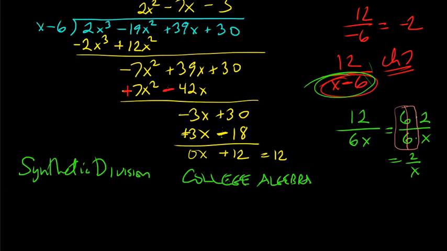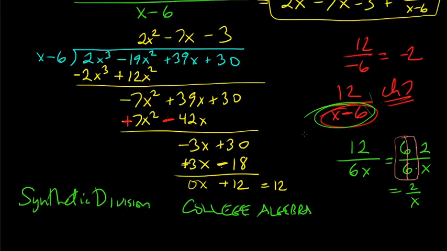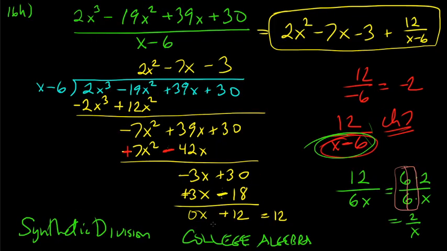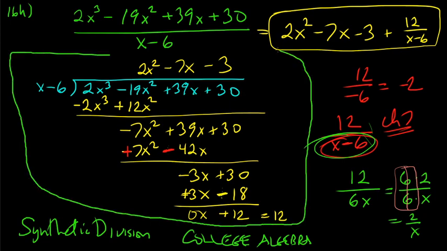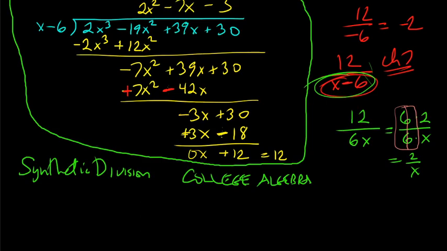If you're not going on to college algebra, you don't need to know synthetic division, or you're probably never going to use it. It's just that in this problem, it would have been a lot easier to use synthetic division. But when you do the problem, you're going to probably just do it the usual long division way. But if you're curious and you want to know synthetic division, here's how that works.